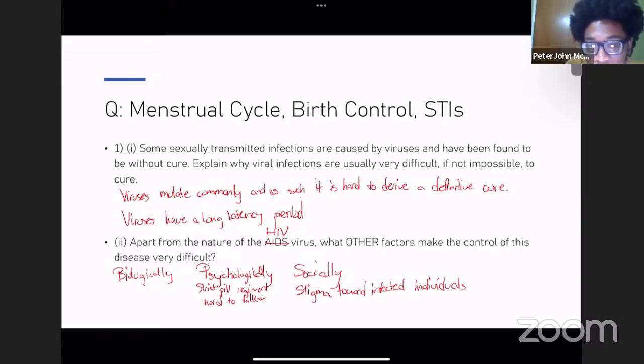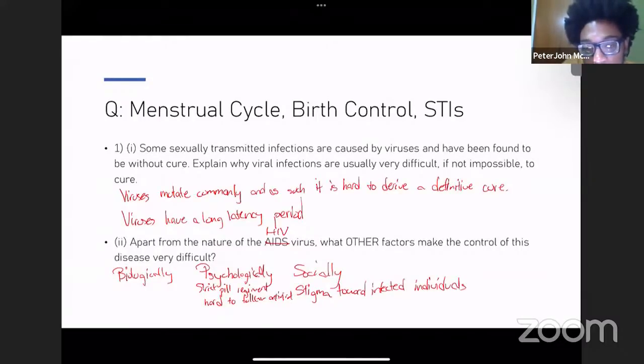They have the pills, they buy the pills, but sometimes you just don't take it. Sometimes you don't remember to take it, or you want to go out or do something else and you don't want to take it. So psychologically, the strict pill regimen is hard to follow. So instead of pills, I would put antivirals.